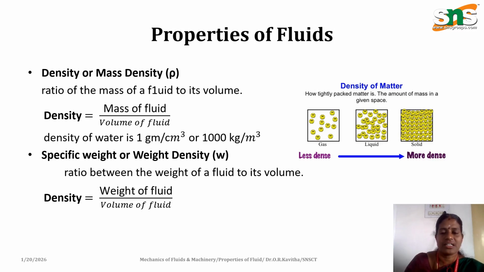The first one is density. So what is density? You can see here I have taken a gas, liquid and solid. Here you can see the molecules are placed, and the distance between the molecules is more in gas, which is having less density. Density is the ratio of mass by volume.